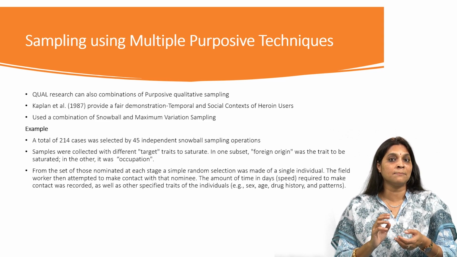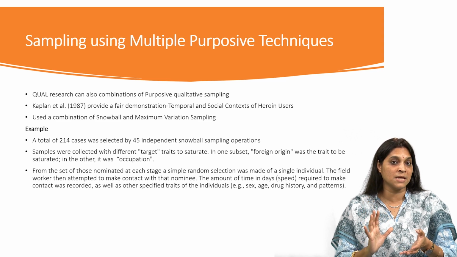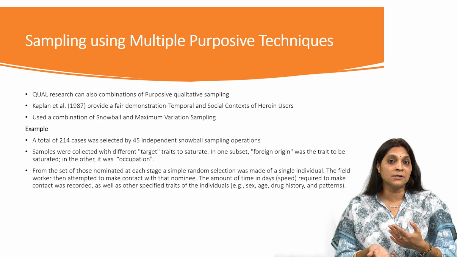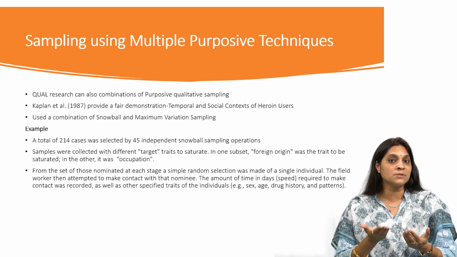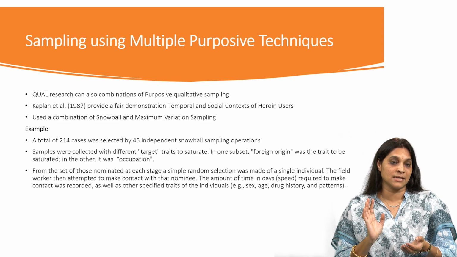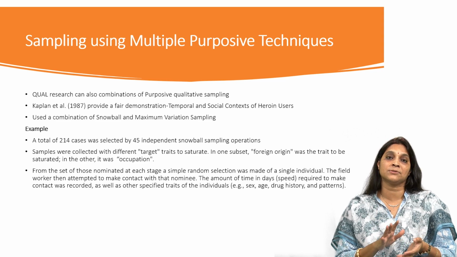So, I had given them a subset of 5 to 6 people who I knew, and out of those 5 to 6 people, again a further random selection was done. Why random selection? Because this was the chance for the researcher to reduce biases in sampling techniques. So, if I look at multiple purposive techniques which were used here, they were primarily two. The first of them was snowballing, and the second of them was maximum variation sampling.